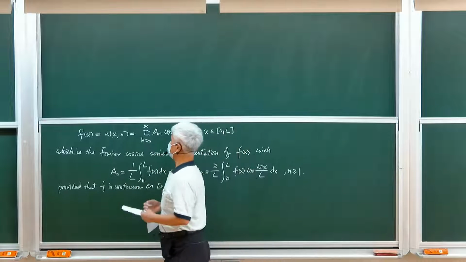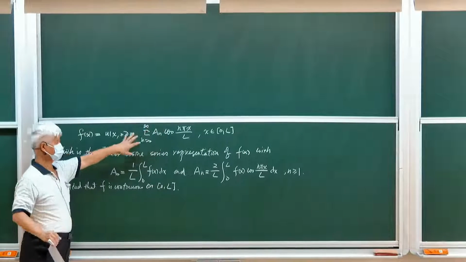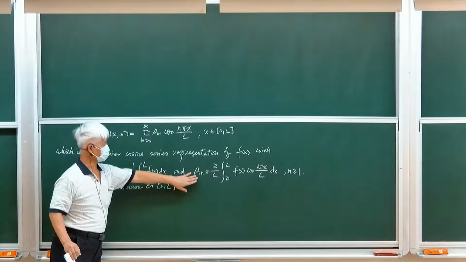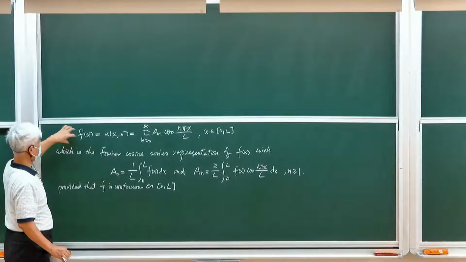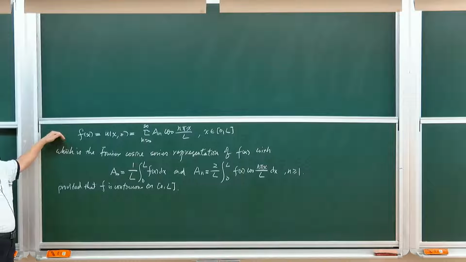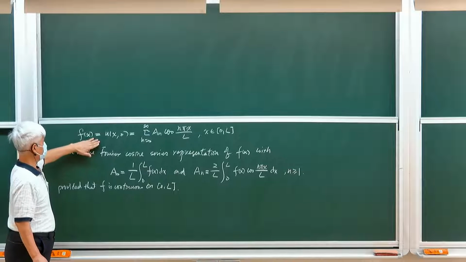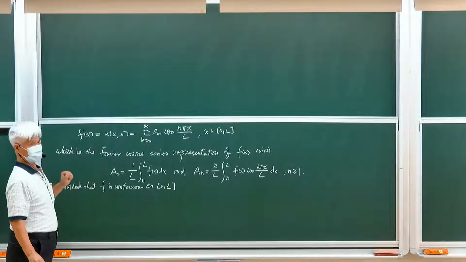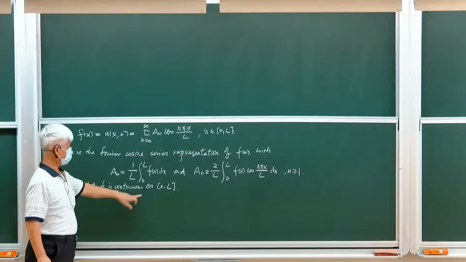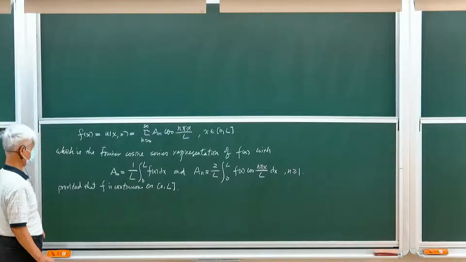Otherwise, this series sum, with a0 and an computed this way, is equal to the average of the left-hand limit and the right-hand limit of f at each point.